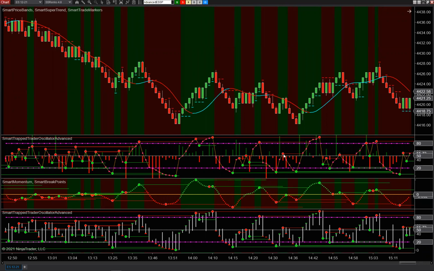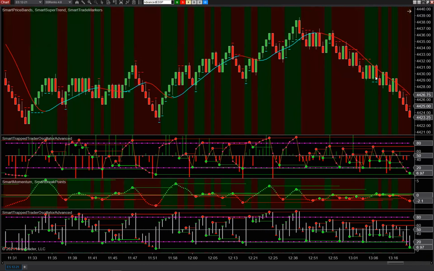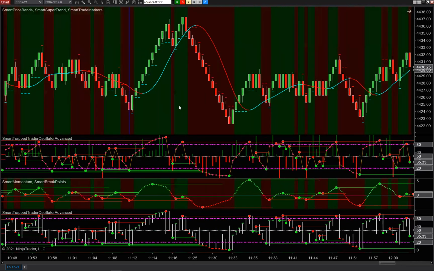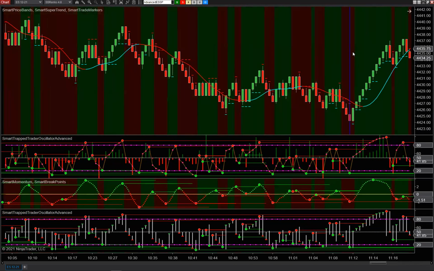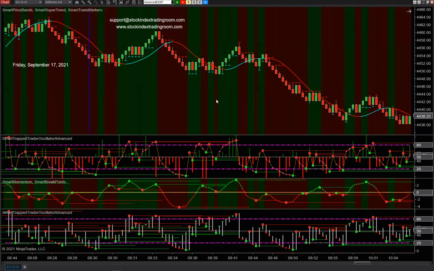Trap Trader Oscillator to read order flow, and we put momentum and order flow together. We often get stuff like this. So be aware of virgin pivots, be aware of tops and bottoms that are not tested, because that's not normal market action.